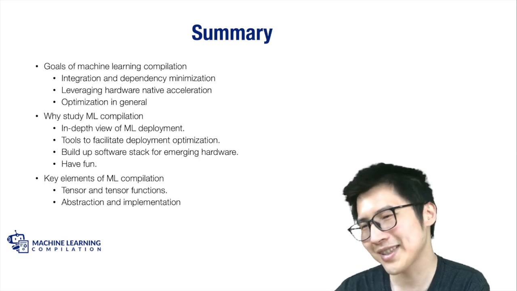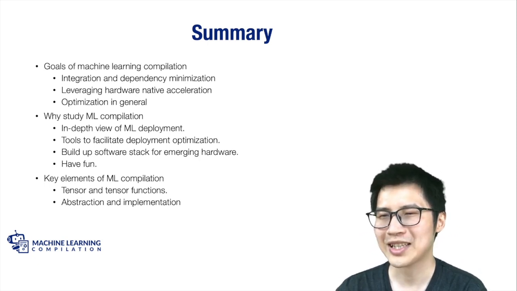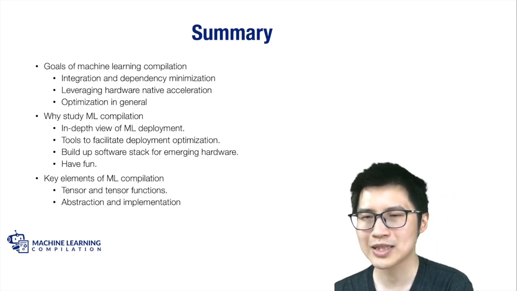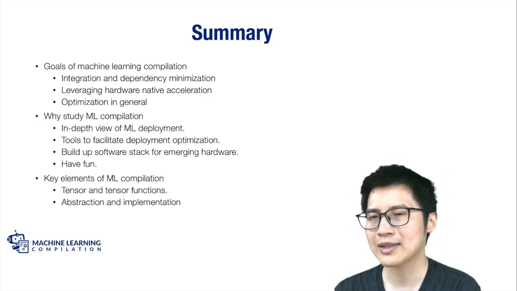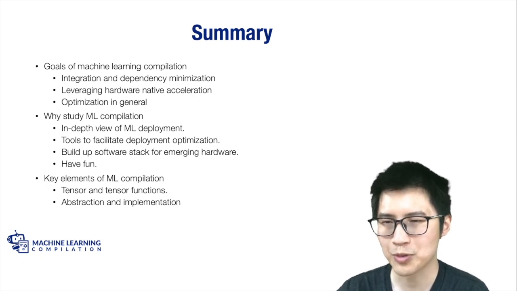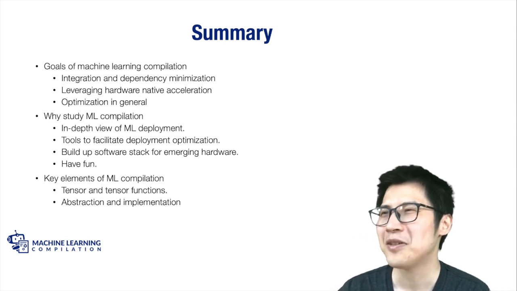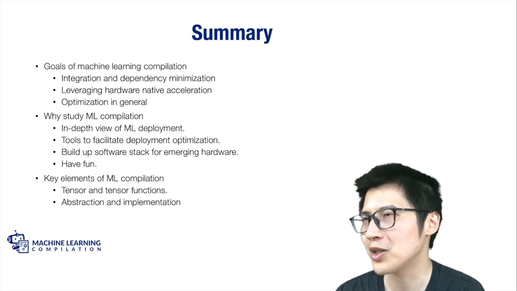We have talked about reasons why we want to study ML compilation, including giving an in-depth view of ML deployment, helping us optimize deployment, building up the software stack from the ground up, and importantly, having fun through the process. We also talked about key elements of machine learning compilation.